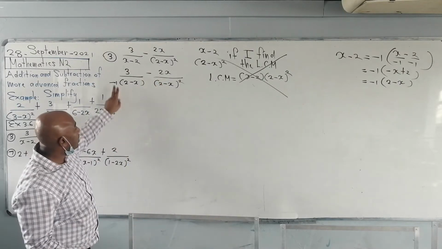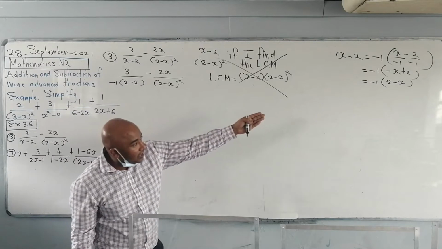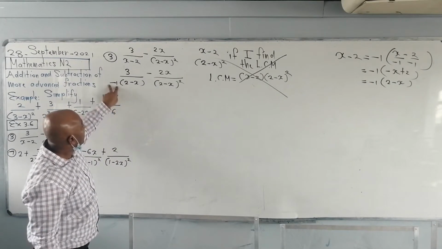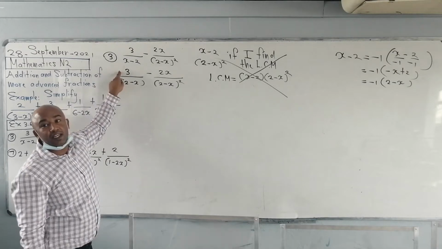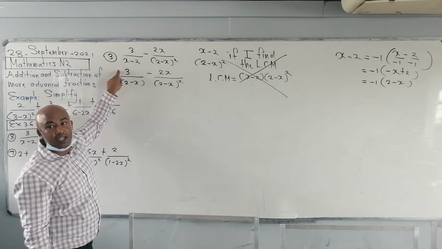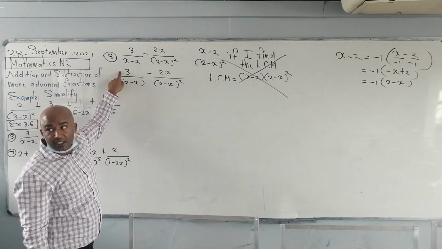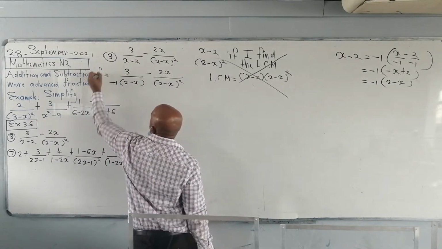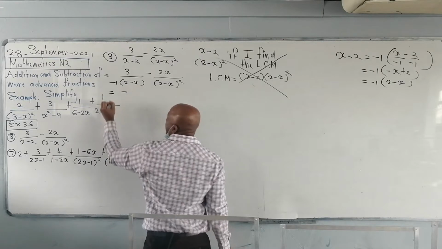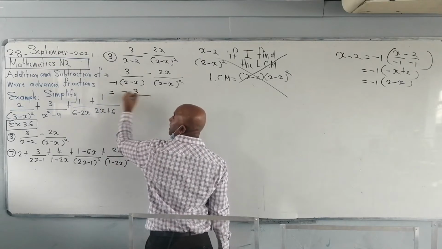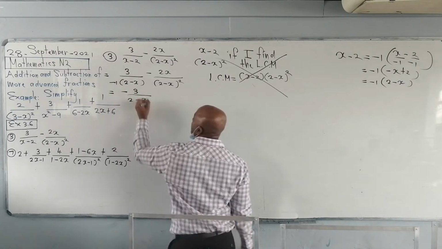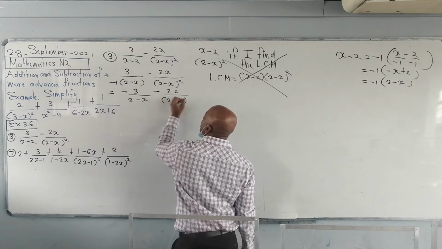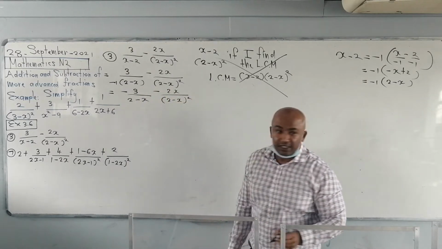I did show you the working there. You cannot leave the negative there. What sign was there originally? If there's no sign shown, it's a positive. A positive divided by a negative is going to be a negative. So that becomes minus 3 all over 2 minus x, minus 2x all over 2 minus x all squared.